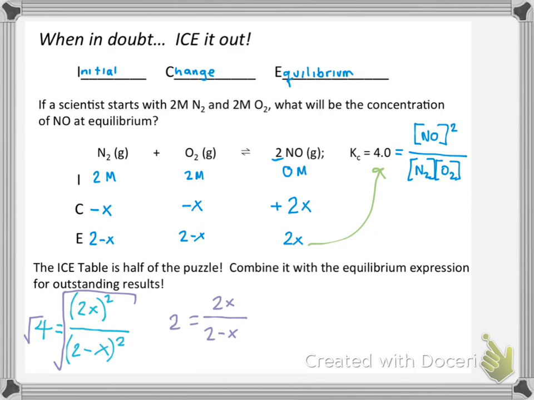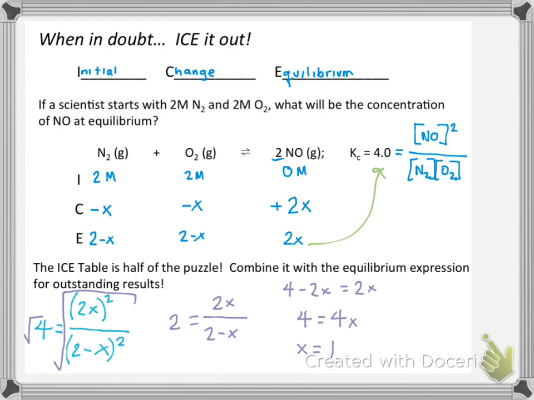Then we just multiply over. We get 4 minus 2x is equal to 2x. So we get 4 is equal to 4x. So x is equal to 1.